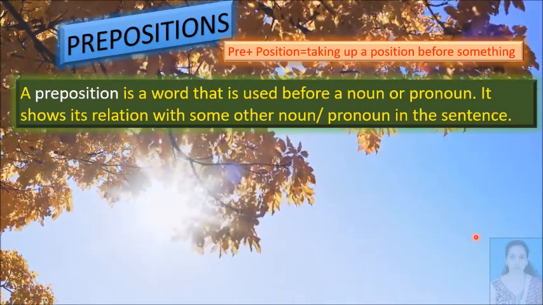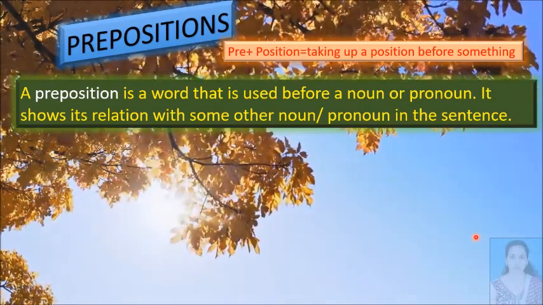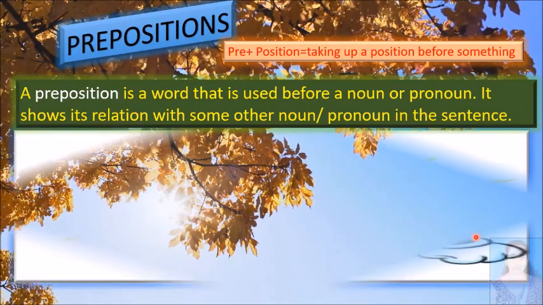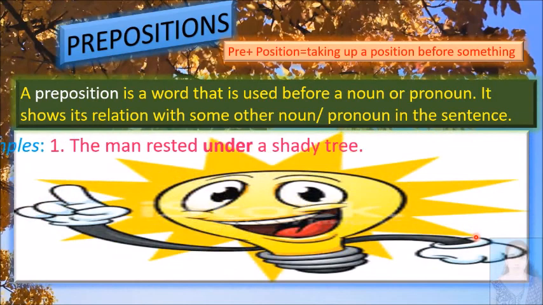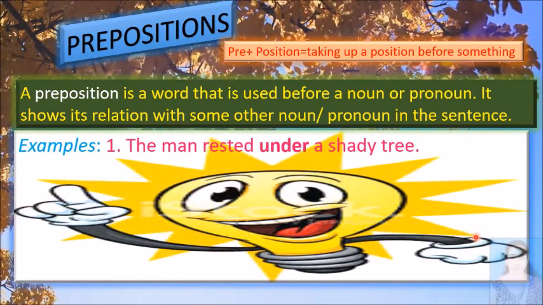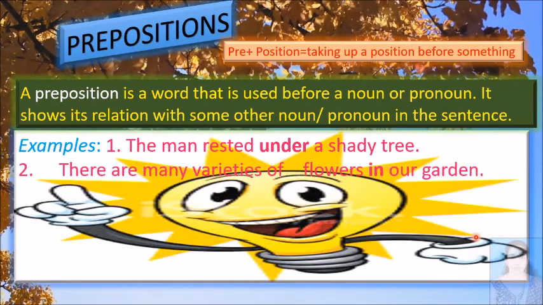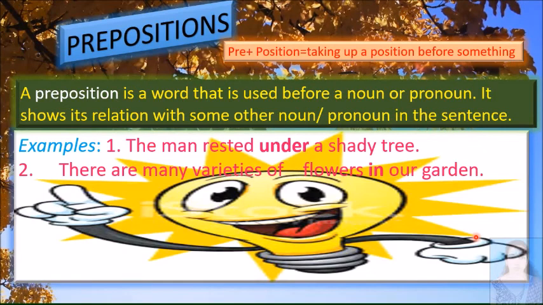It shows its relation with some other noun or pronoun in the sentence. Here are the examples to understand. The man rested under a shady tree. There are many varieties of flowers in our garden. Here, under and in are the examples of prepositions.